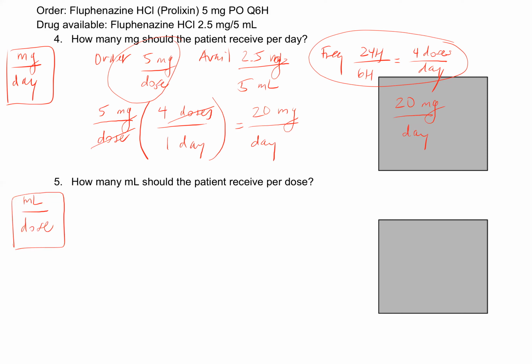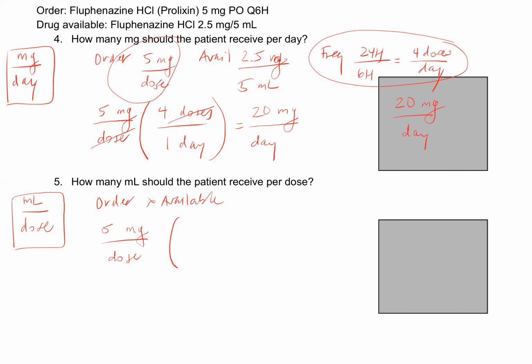And for number 5, we're looking for mLs per dose. So now we're going to go ahead and make sure that we use our availability, 2.5 milligrams per 5 ml. So we're going to use our equation, order times available, 5 milligrams per dose.